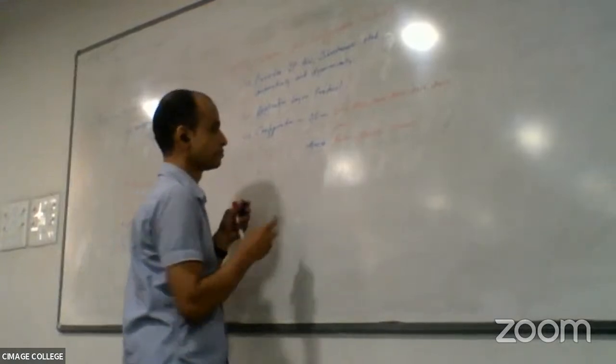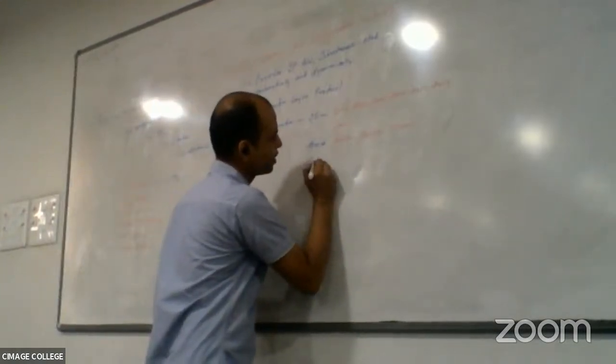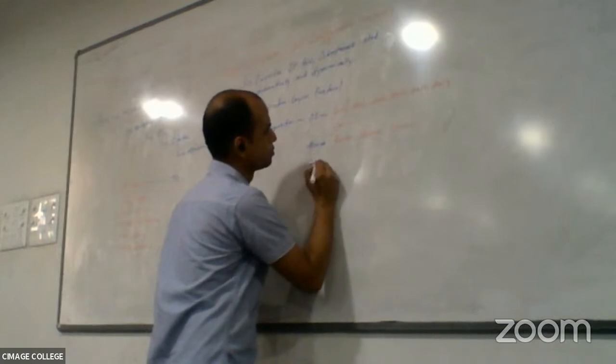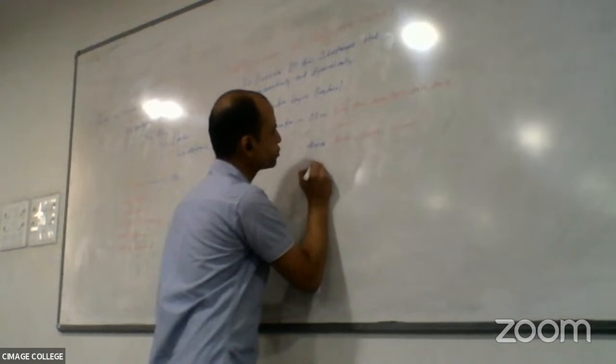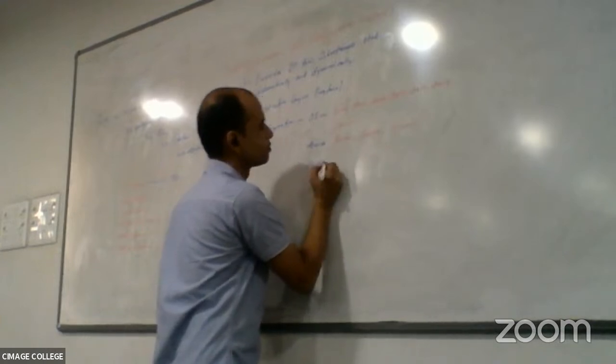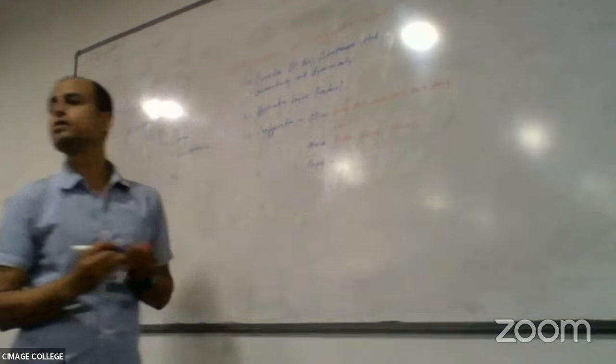Now, configuration. In the configuration part, there must be a scope. And in the scope, the admin should provide all information, like IP range, subnet mask, default gateway, everything.